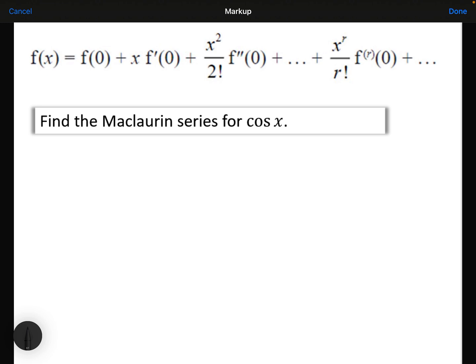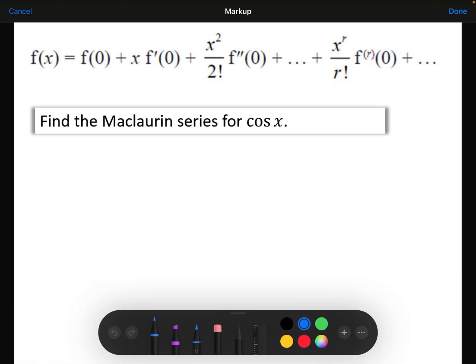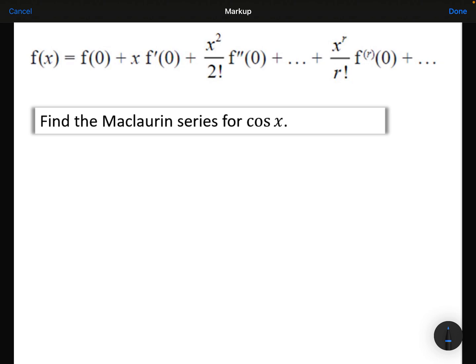Next, we're going to get the Maclaurin series for cos. It's slightly more complicated now, but not hugely. Still going to do the same thing. If f(x) is equal to cos x, then f(0), substituting 0 into that, cos of 0 is 1. Differentiating cos gives us minus sine.